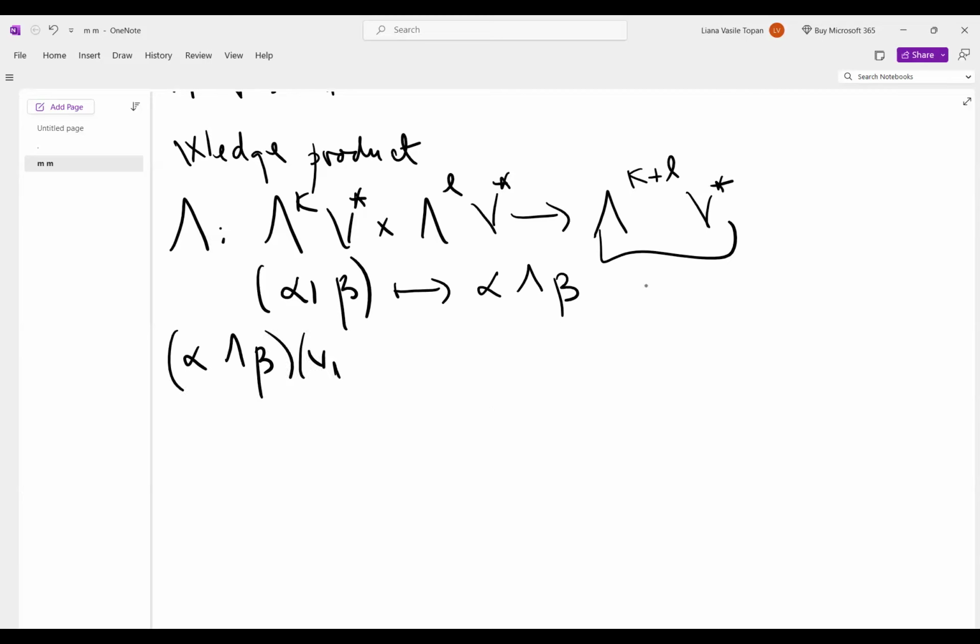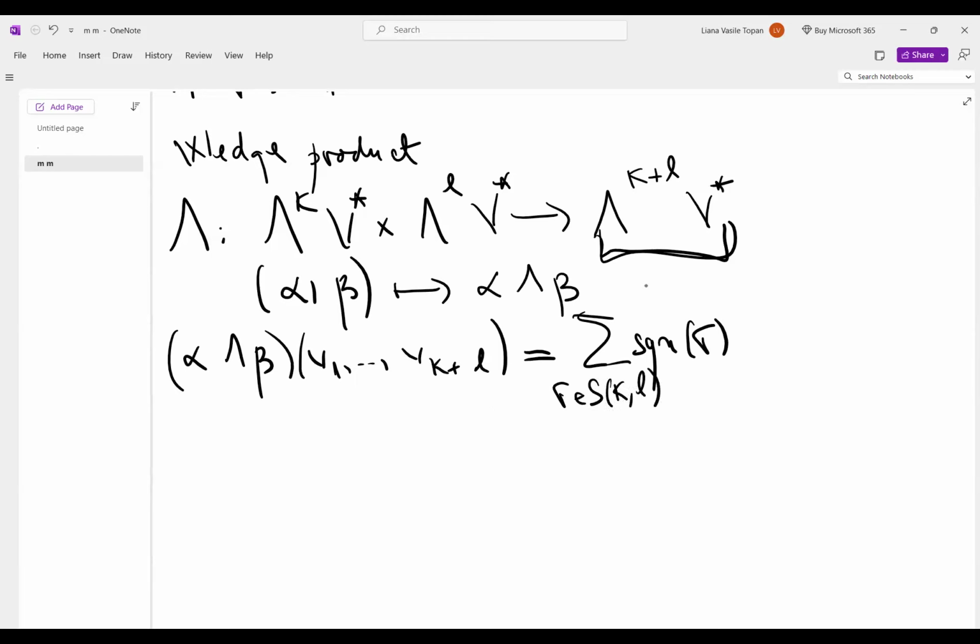So alpha wedge beta on v_1 up to v_{k+l}. So we need k plus l arguments here, and we define it to be the sum over sigma of the signature of sigma, and I'm going to explain what this means. These are the (k,l) shuffles of the set 1 up to k plus l. I will explain.